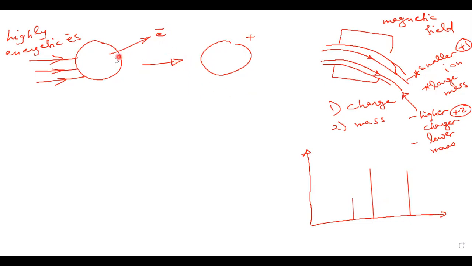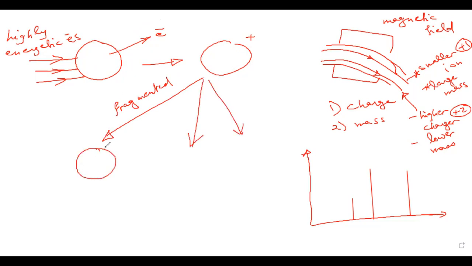Okay. Now here, when the molecule is subjected to the electrons and an electron is ejected, it will form a positive ion. But this positive ion can also be fragmented. It means that it's going to be broken down into simpler ions. After it is formed, it's going to be fragmented into simpler ions.